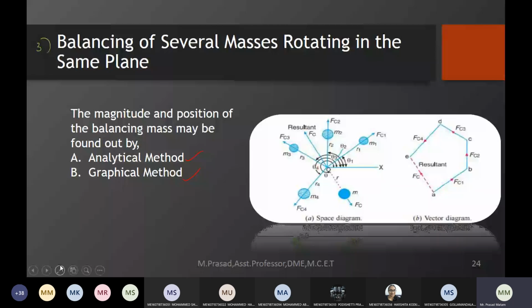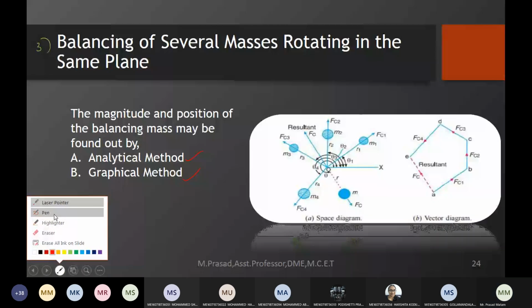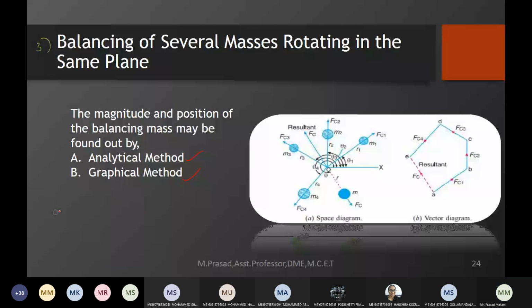Let me show this with the help of a diagram. Suppose this is my plane, the x-axis, and this is the point where the shaft is rotated. With respect to this point, this is my first disturbing mass m1, and somewhere else I have m2, the third mass m3, and one more mass m4.